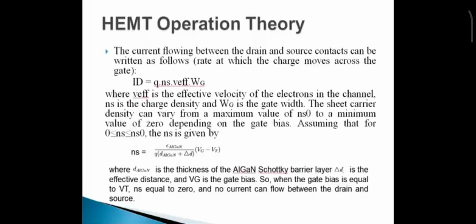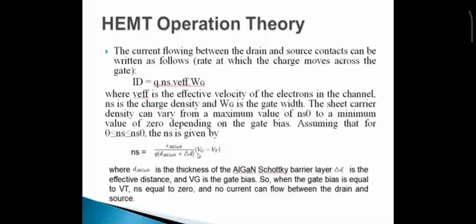The sheet carrier density can vary from a maximum value NS0 to a minimum value of 0 depending on the gate bias. Assuming that the value of NS is between 0 and NS0, NS is given by this formula, please note it down, in which d AlGaN is the thickness of the aluminum gallium nitride Schottky barrier layer.